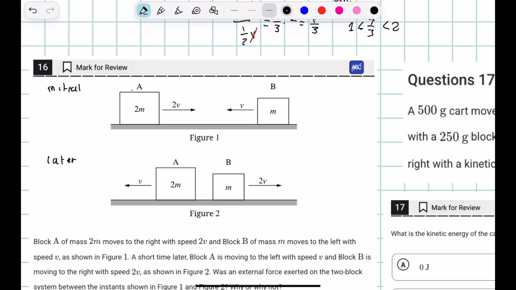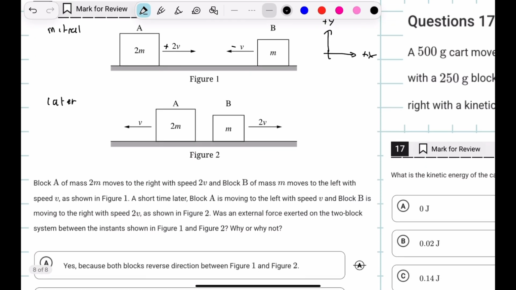We can see that block A is 2m moving at 2v, and here this is m with negative v, because we can define this direction as positive x. And then in figure 2, we can see that the velocity here is negative v and then positive 2v.